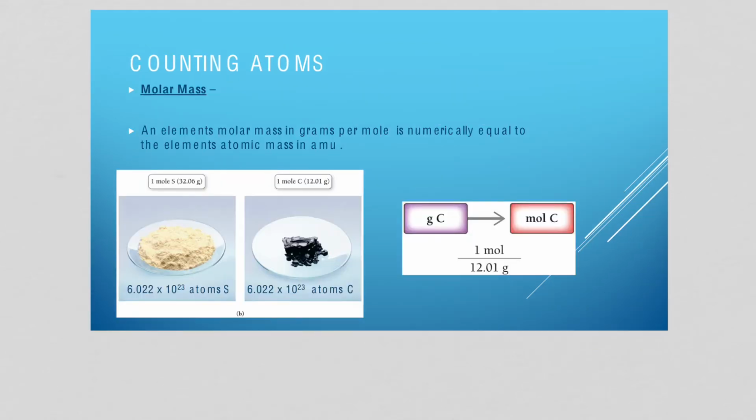Now that I have a method to go from individual atoms into moles of atoms, the next step I said I needed is a way to convert between moles and mass, or grams, because ultimately that's my goal.